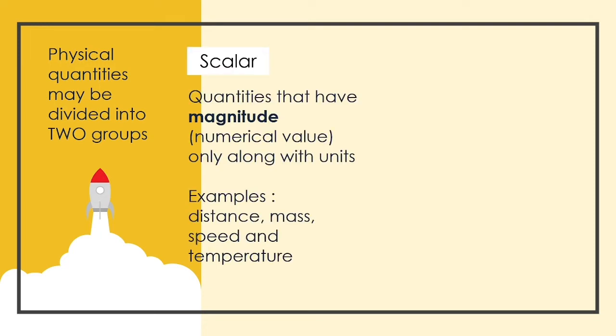Scalar quantities are quantities that have magnitude or numerical value along with units. This means if you want to describe a scalar quantity, you need to give the value that is a magnitude and the unit of the quantity. For example, distance, mass, speed, and temperature.